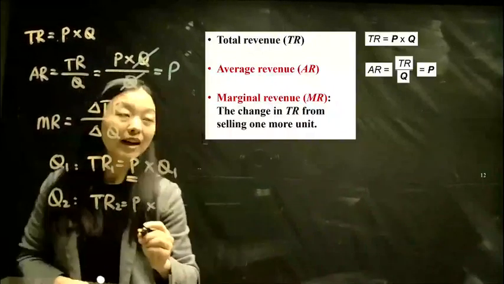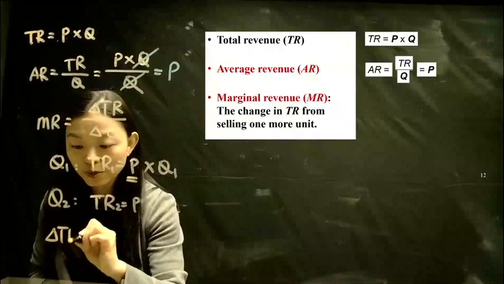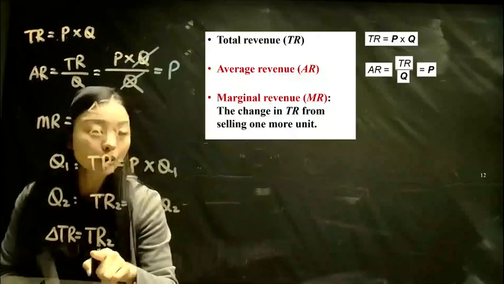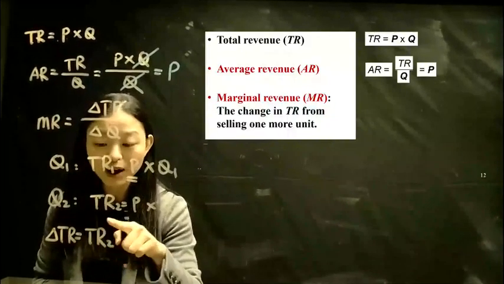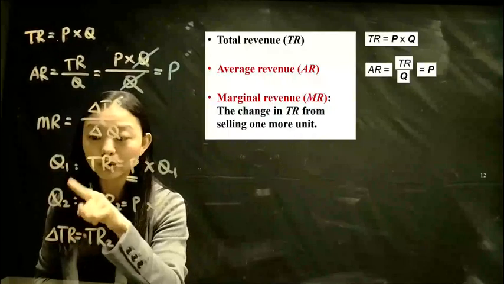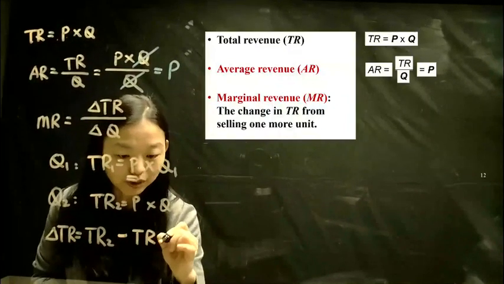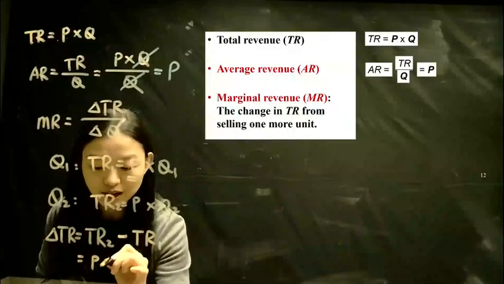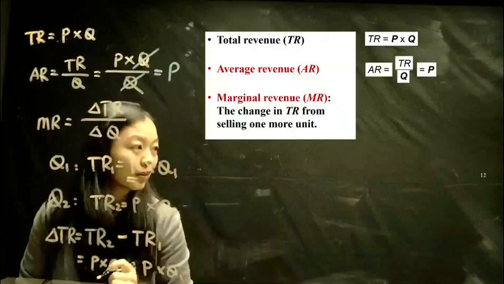So here, can we get the change in total revenue? The change in total revenue will equal the total revenue at the new output subtract the original total revenue, right? So P times Q2 subtract P times Q1.